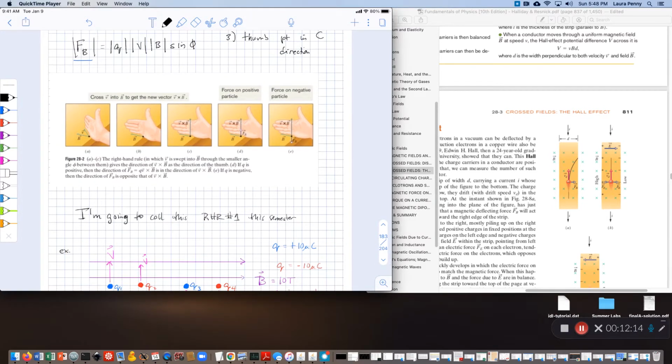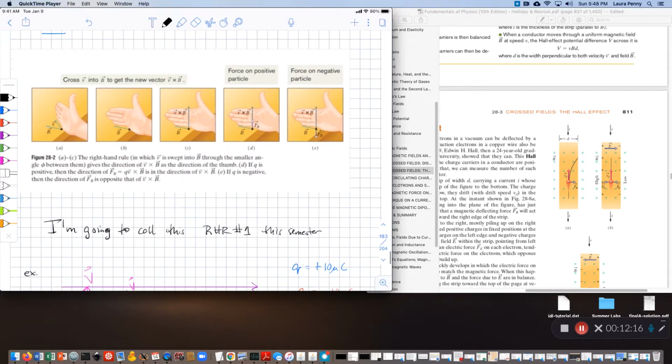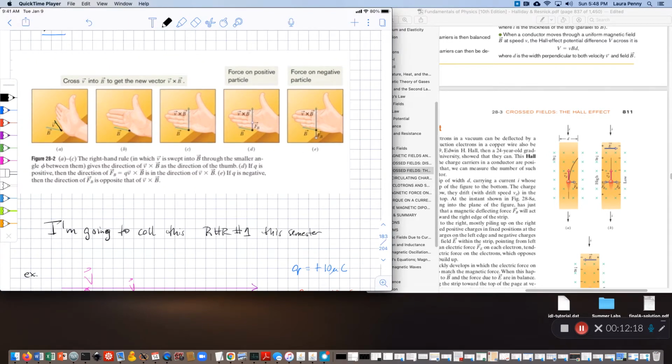So here they're showing us a situation where the velocity would be this way. They first put their fingers in that direction, and then they move their fingers towards the B direction. So they move it over so it's lined up with B, and their thumb is sticking up like that.